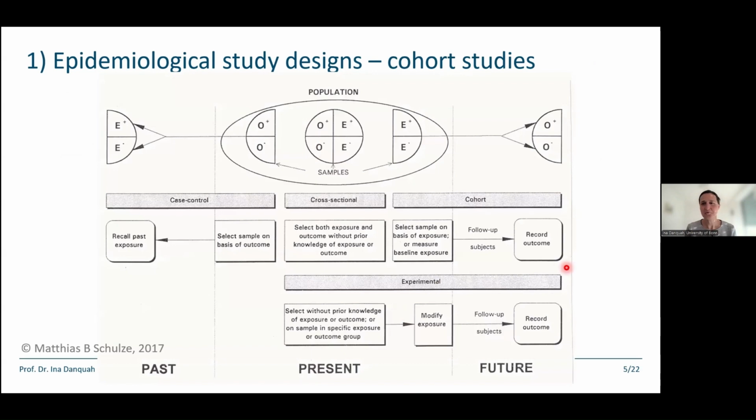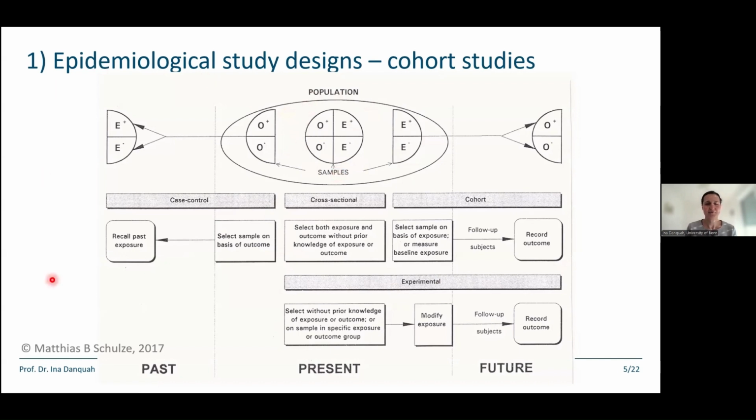While this is quite an old overview of different epidemiological study designs, I still find this very helpful because it shows just on one slide where the main differences are between cross-sectional designs that you find in the middle here, because we do assess exposure and outcome at the same point in time.